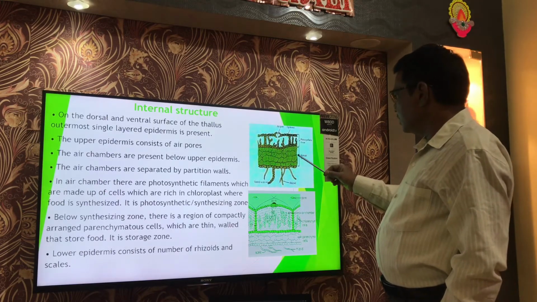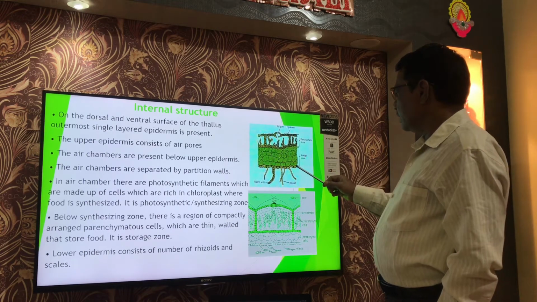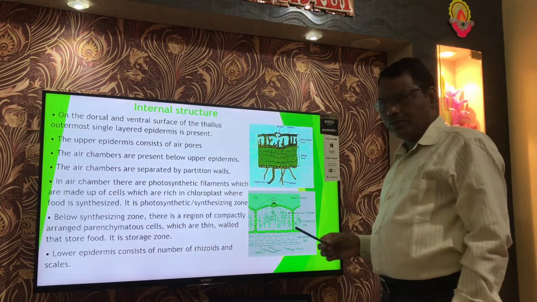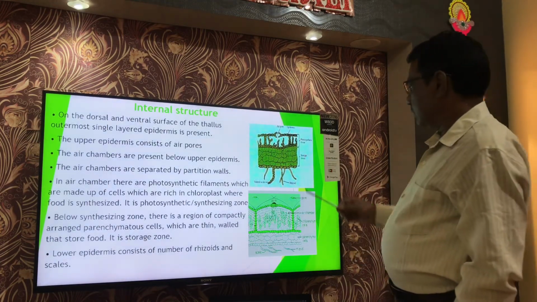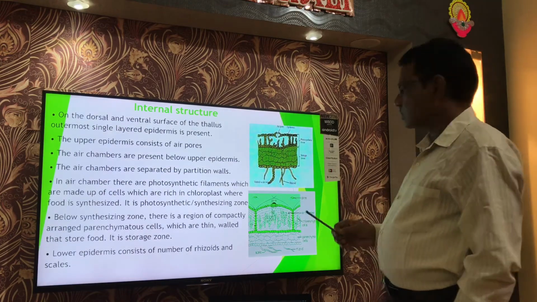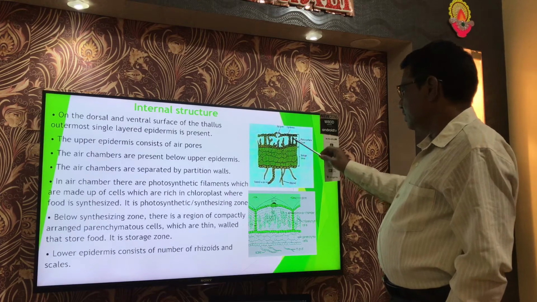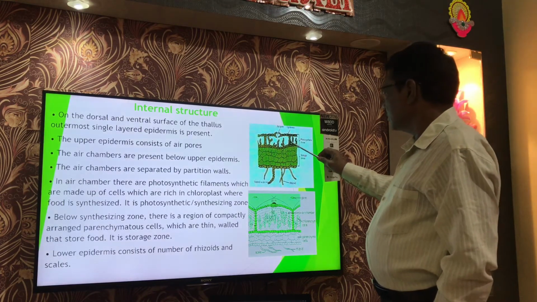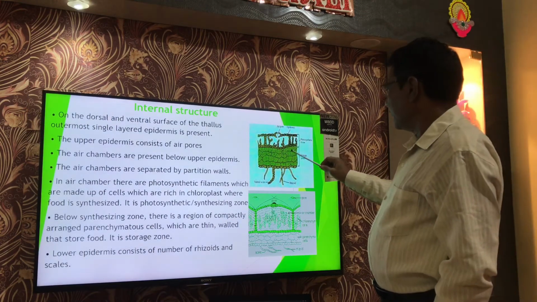Whereas below this photosynthetic upper zone, the second zone is the storage zone. That storage zone is present towards the lower or ventral surface of the thallus of Marchantia. So this is a very common and distinct organization of the thallus internally.